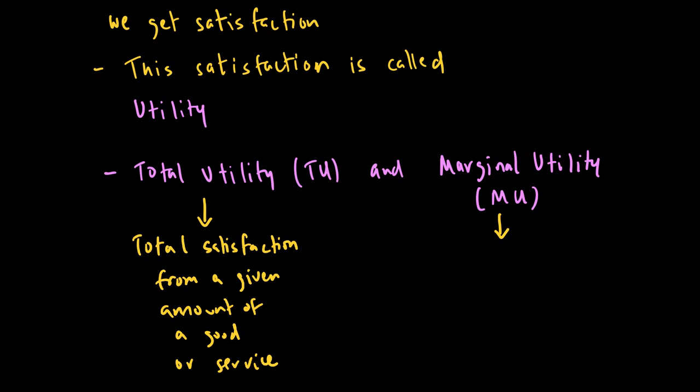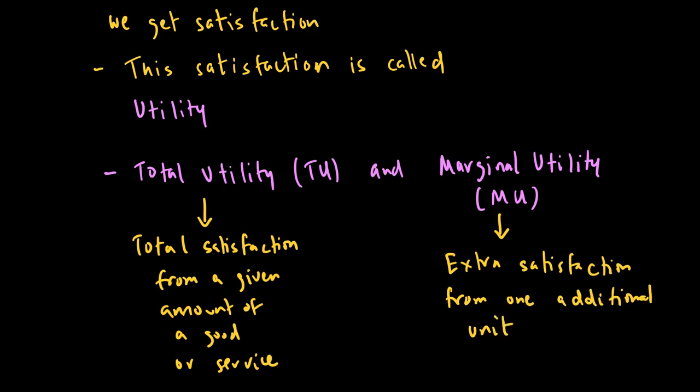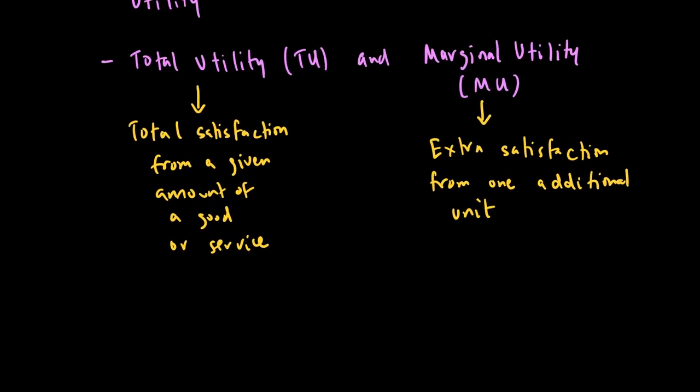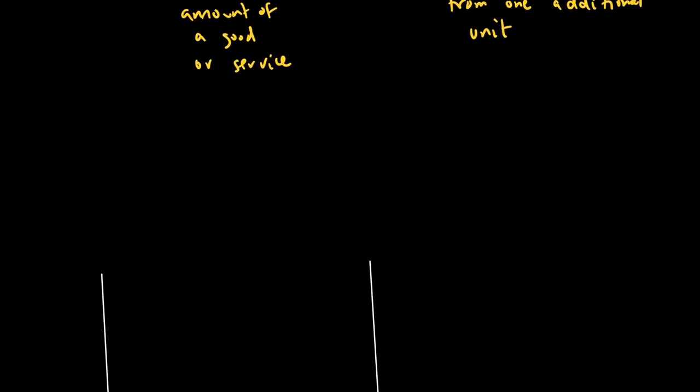The marginal utility, on the other hand, is the extra satisfaction that I get from one additional unit of a good or service, right? So let's look at an example and see how total satisfaction and marginal satisfaction will look.